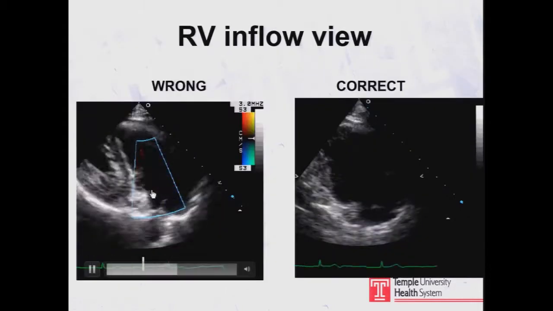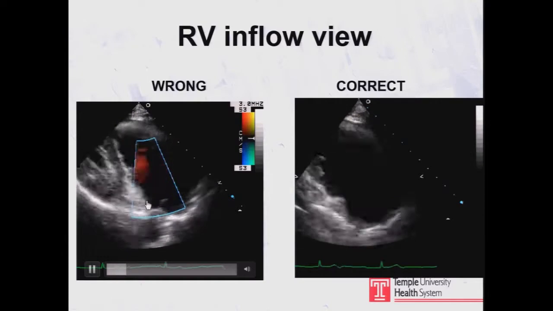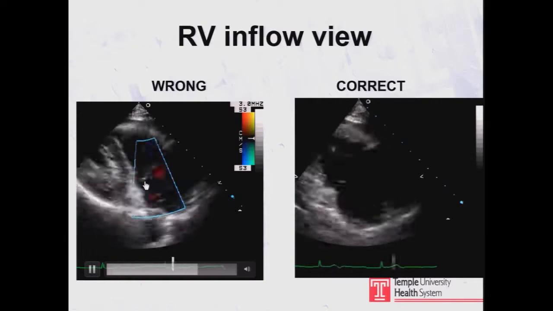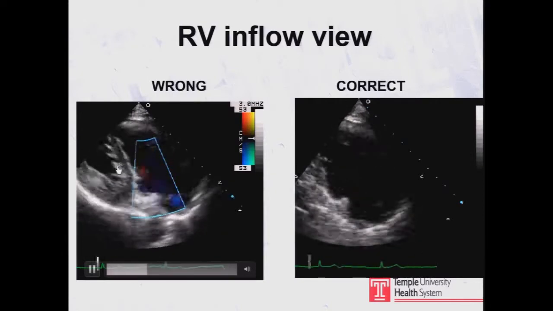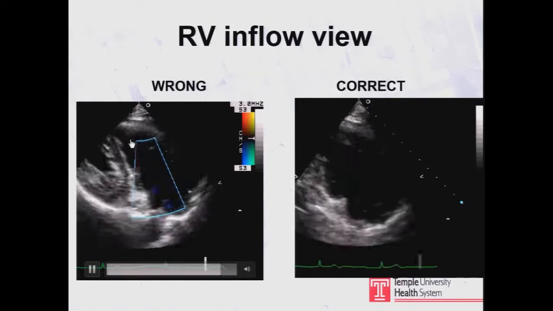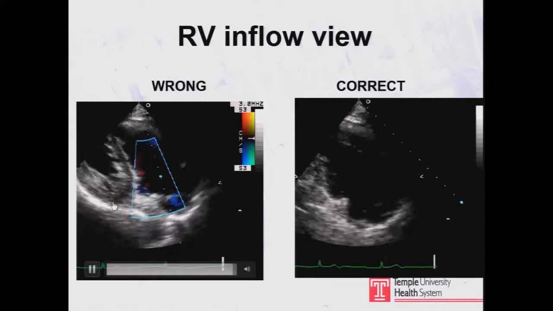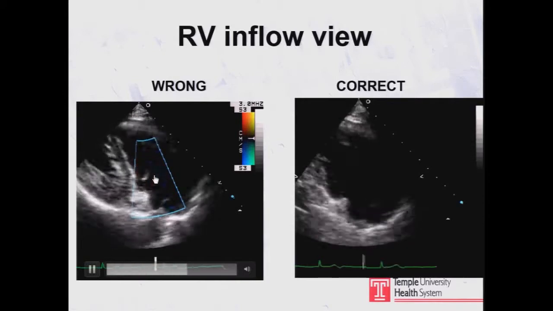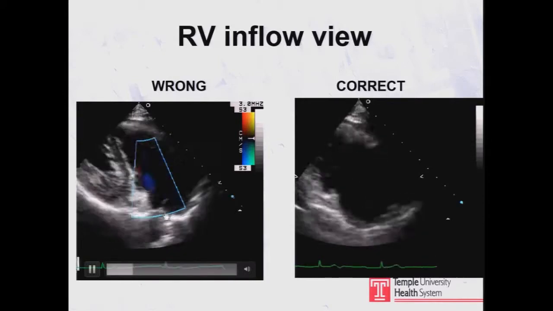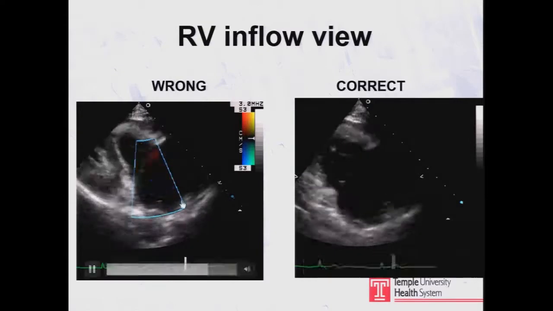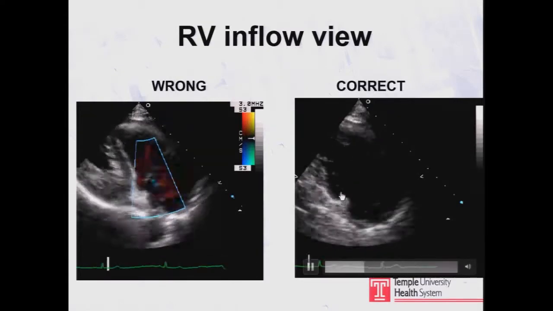So here's the view done incorrectly. How do I know it's incorrect? Because this leaflet is attached to the interventricular septum, that's the septal leaflet. And so I asked my sonographer, in a case with endocarditis, you need to go back and take a look. I can't see the posterior leaflet in any other view.